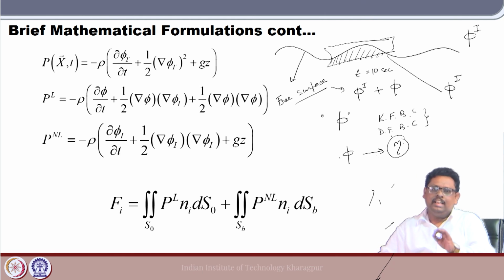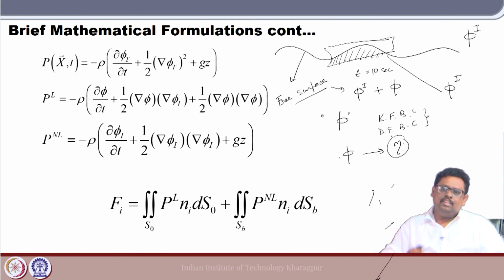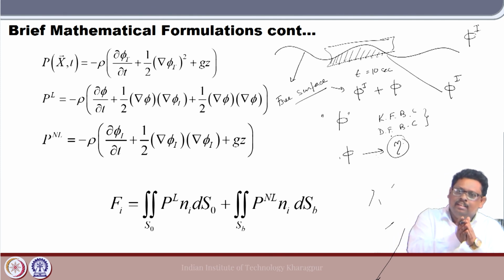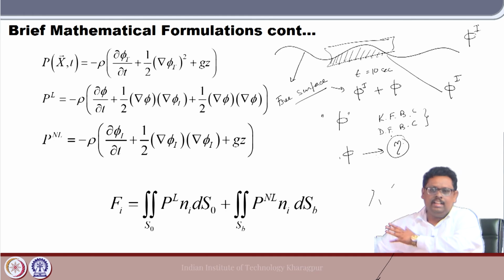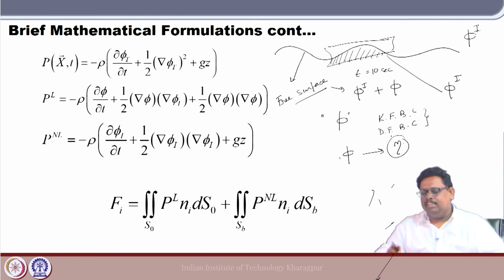The moment I get eta from the phi, I know my eta, and also I know my eta I, which is a cos(kx minus omega t).